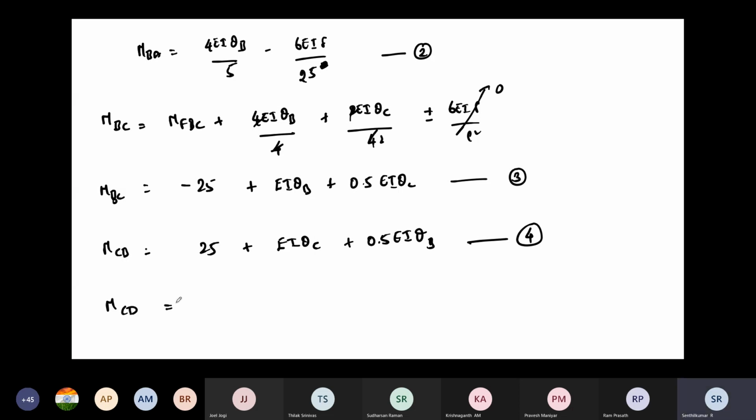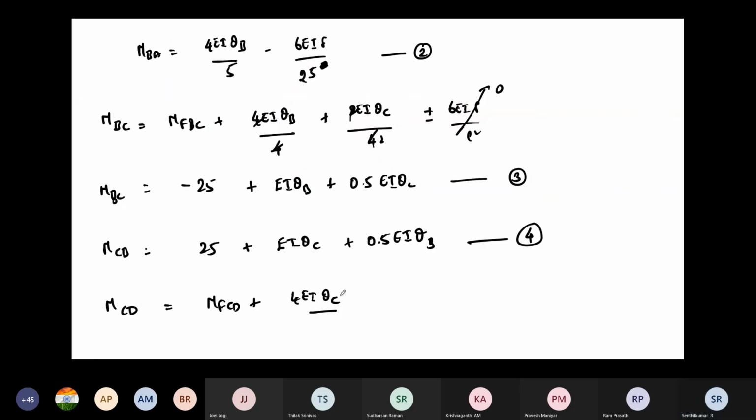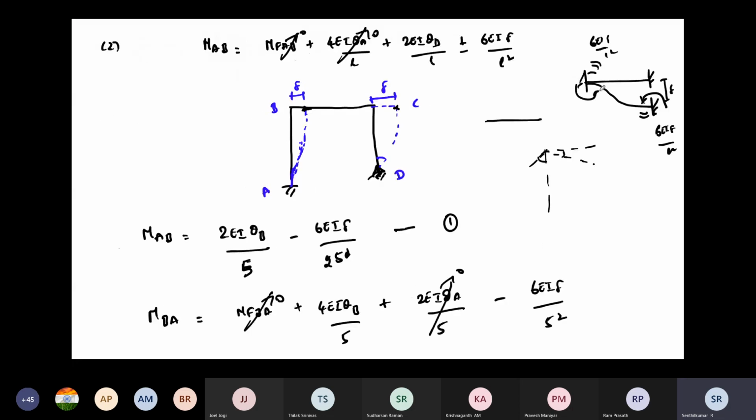Then what is the other thing? MCD. MCD is MFCD plus 4EA theta C by L. What is L? Length of column CD is 4 meter. Plus 2EA theta D by L, 4 meter, then plus or minus.